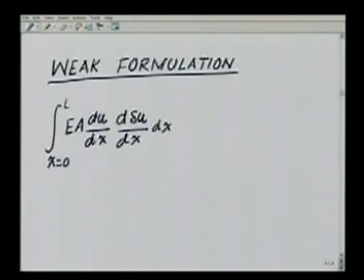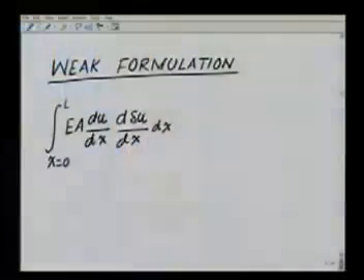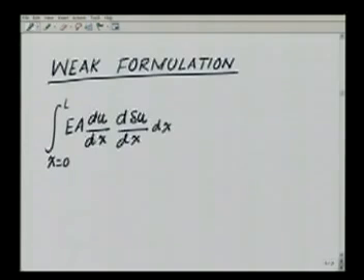So what happened in the differential equation, we required the second derivative of u to be defined because it was a second order differential equation, and at every point in the domain we had to have the definition of the second derivative of u. While in the initial weighted residual formulation, if instead of w I had put delta u, all that was required was that delta u has to be defined in order to have this integral finite.